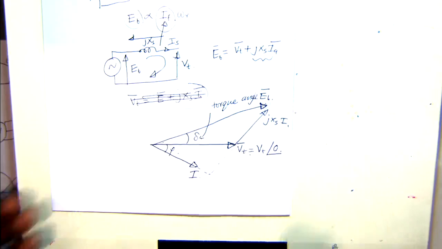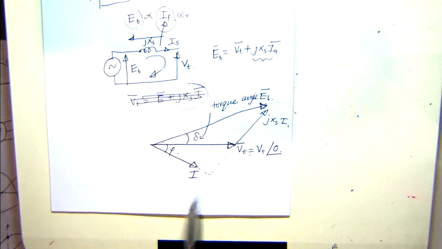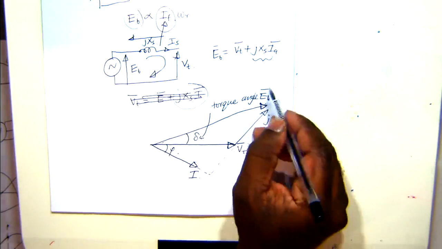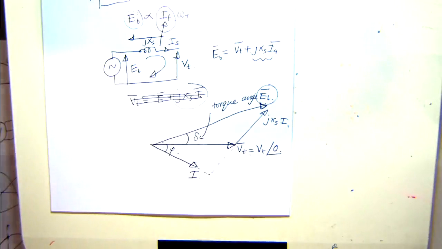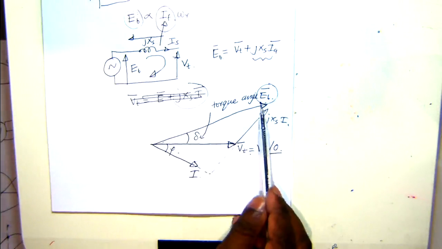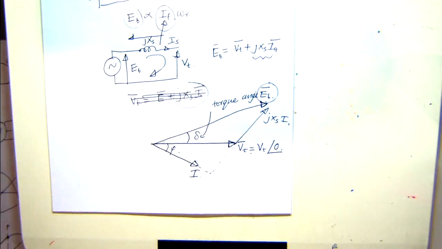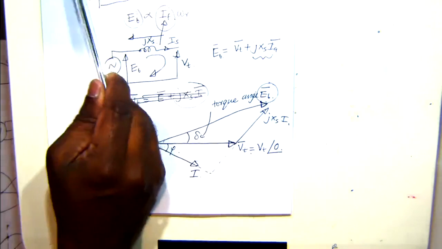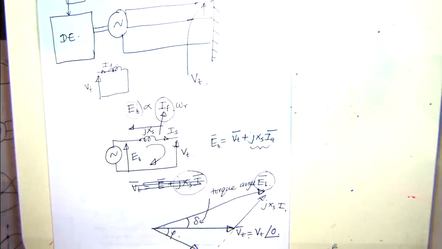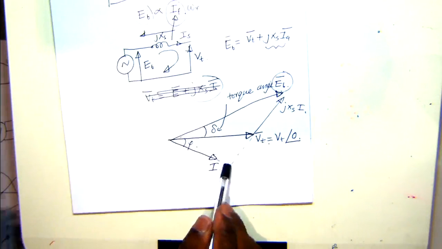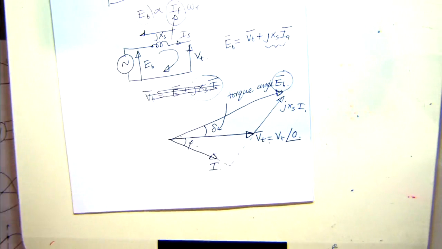The parameters you can control are the excitation voltage, through the field current, and if you increase the fuel input, the power you transfer increases, which results in a higher current, and these angles change as well. So we need to figure out how to relate those quantities.